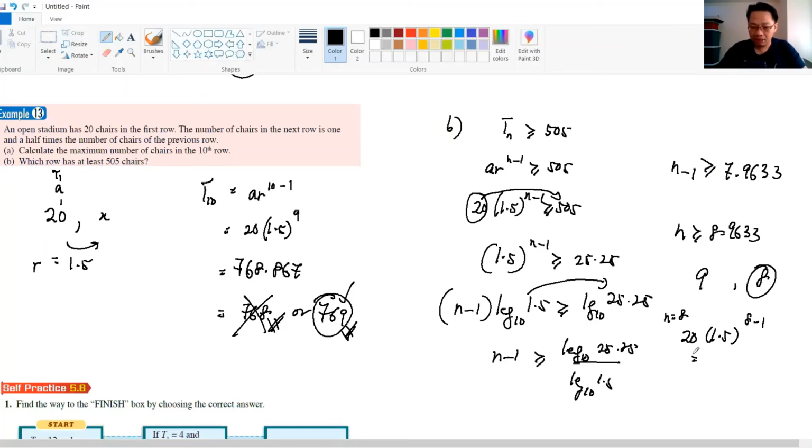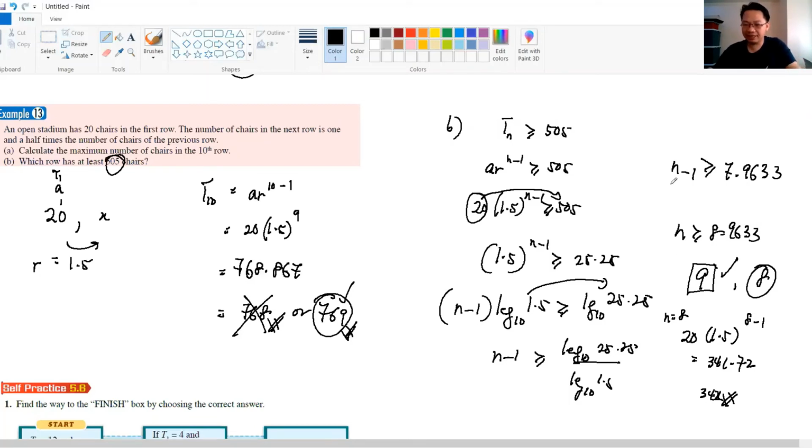So let's check. 1.5 to the power of 7, because 8 minus 1, times 20. The answer is 341.72. That means 342 chairs. You see, we want 505 chairs, not 342. We don't want 342. So that's why the answer is 9.